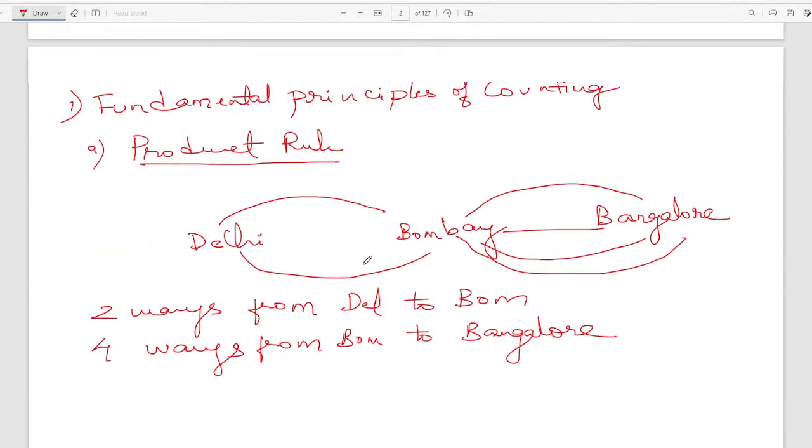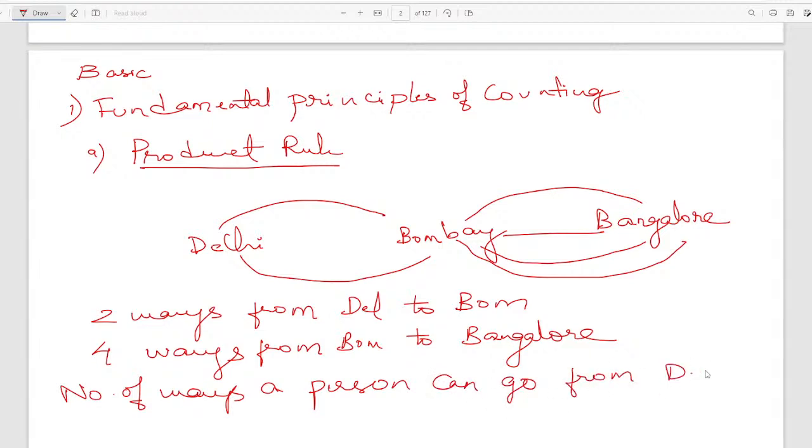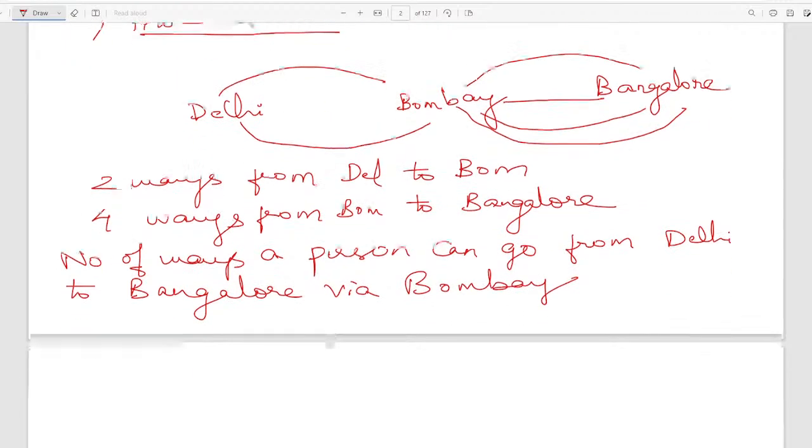If you have to find out in how many ways a person can go from Delhi to Bangalore via Bombay, that is, he has to go through Bombay, it is given by the number of ways to go to Bombay, that is 2, into the number of ways from Bombay to Bangalore, that is 4.